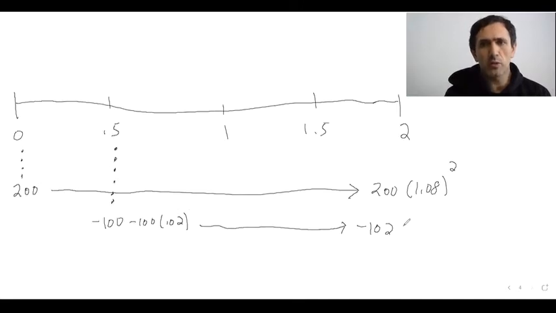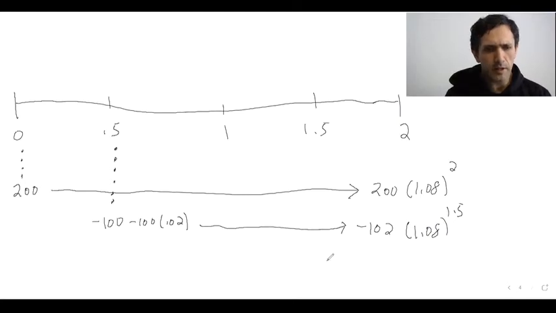So that total amount leaving the account, 102, accrues 1.5 years of interest, so 1.08 to the 1.5.